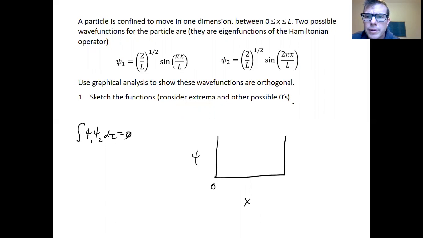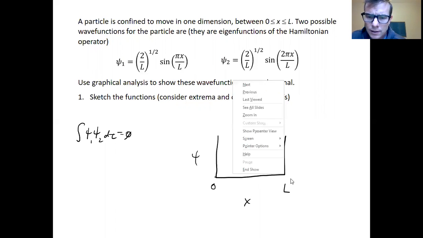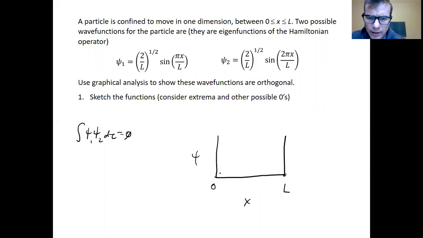The other extrema is L, some constant, the maximum length available to the particle. If I plug in x equals L into this function, you get the sine of pi. The sine of pi is also 0. So I'm going to get a 0 there. And in between, this just looks like a sine function. Right? So this is psi1.